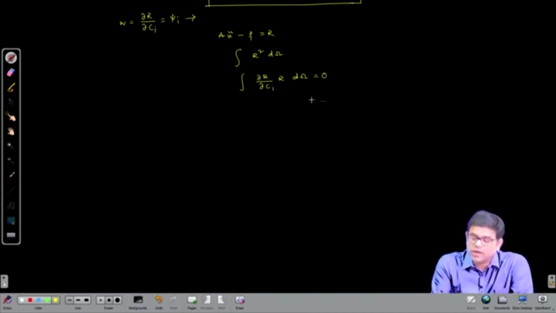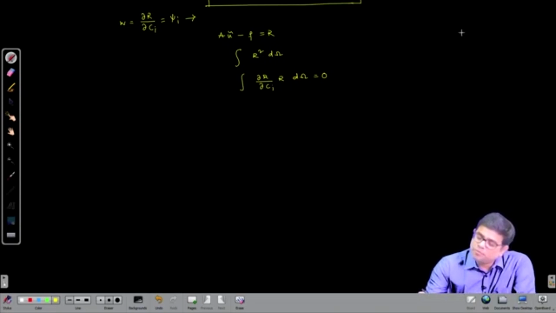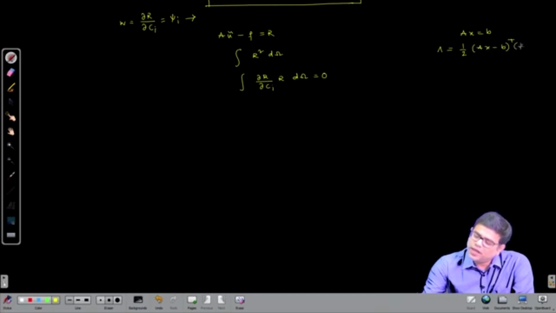So standard least square, if you do a problem that is Ax equals to B, that we all know can be posed as a least square problem. So if there is a scalar function lambda, obviously I can pose it like this, that is Ax minus B transpose Ax minus B. So the normal equation will be del lambda by del x.